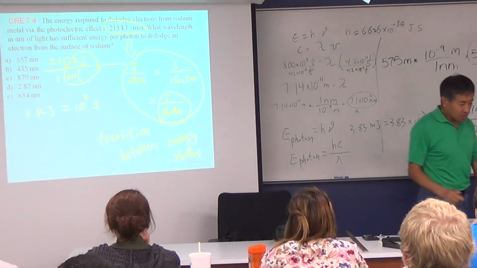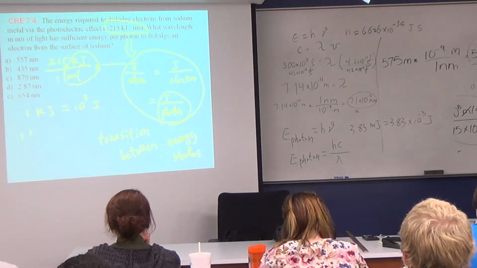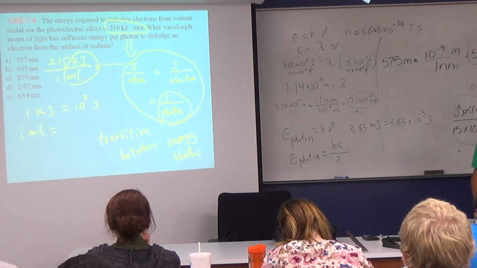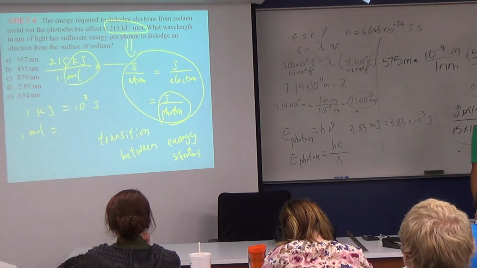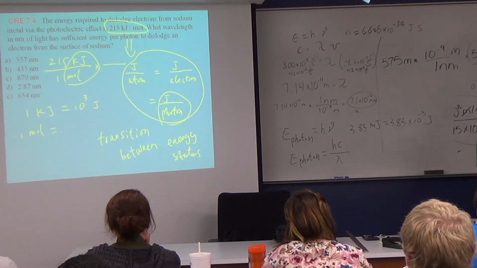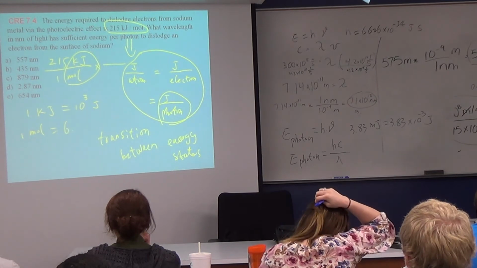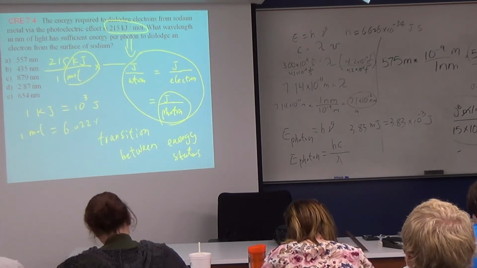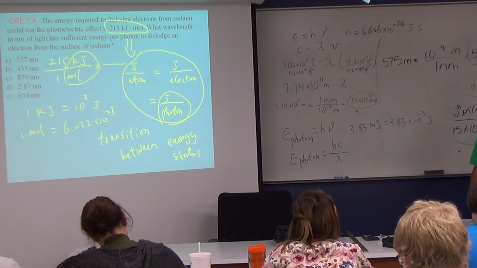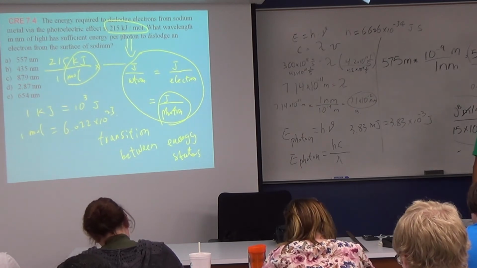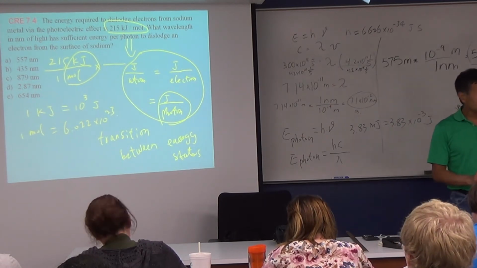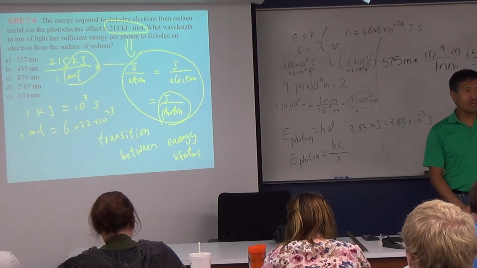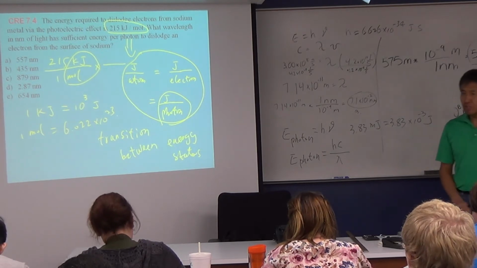What else can you use? One more is our number, 6.022 times 10 to the power 23. Once you have these two equations, you do a conversion.